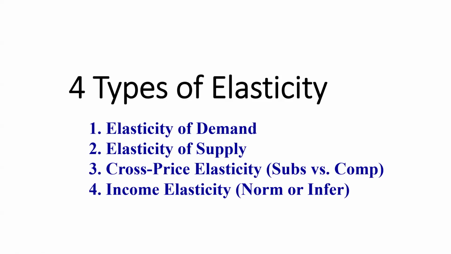I'm gonna go over each one of these in detail. Just remember, these are absolute numbers for the elasticity of supply and demand. Cross price, substitutes and complements; income, normal or inferior goods. Whenever they ask a question about cross price, they're gonna have A, normal goods, B, inferior. All it could do is substitutes, complements, normal or inferior goods.